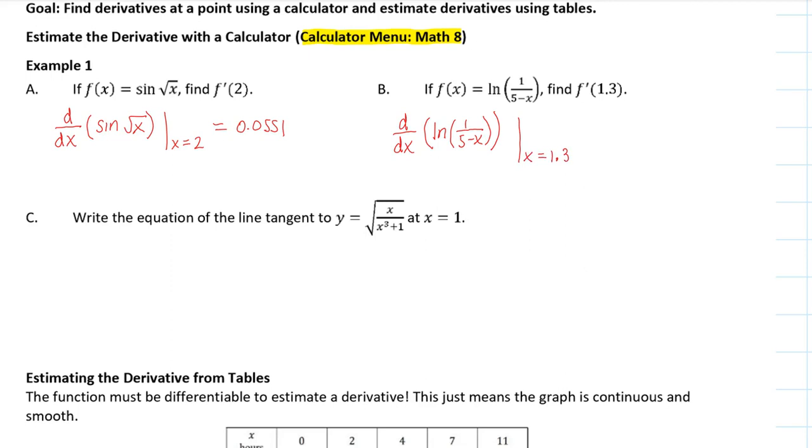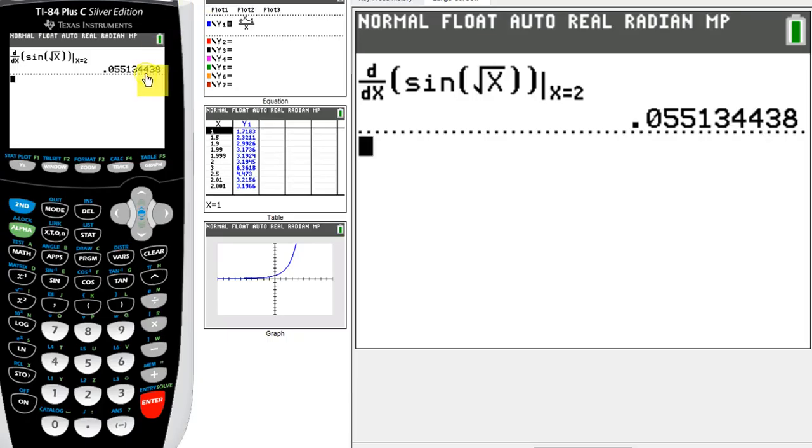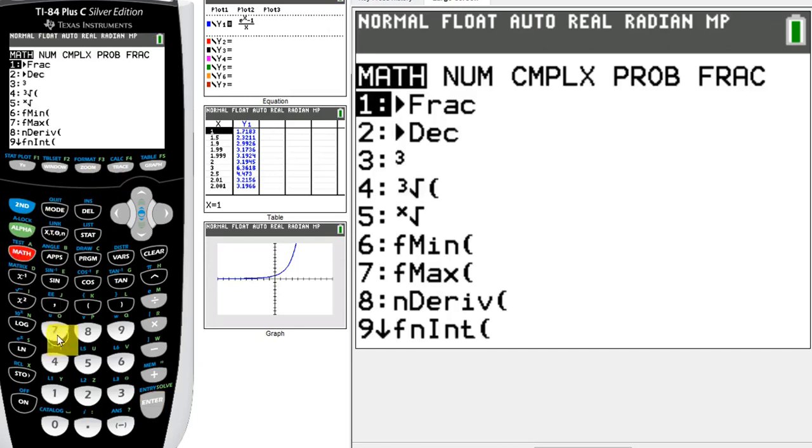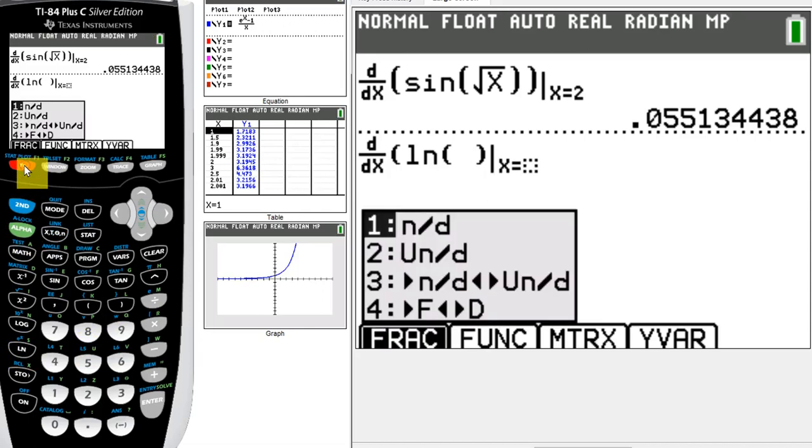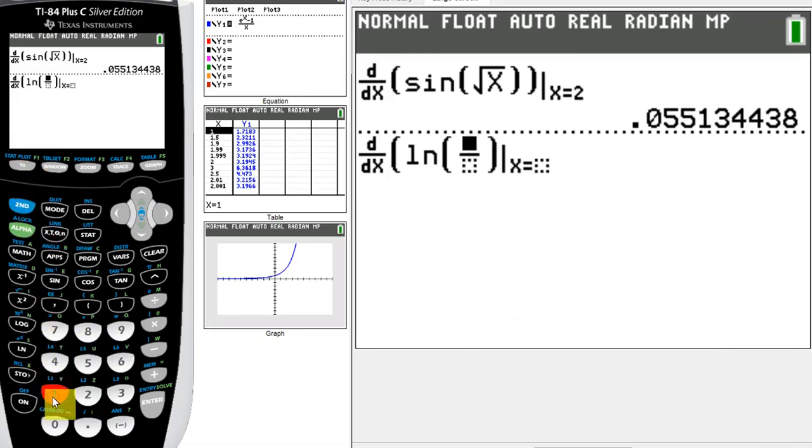Again, here we go. Let's try this one. Where's my calculator? There we go. All right, so we're going to go math number 8. We're going to type d dx. Then we're going to type our function. I need a log function that is right over here. I need a fraction, so I'm going to go to alpha y equals number 1. That puts the fraction in there for me. I'm going to type 1 over 5 minus x.